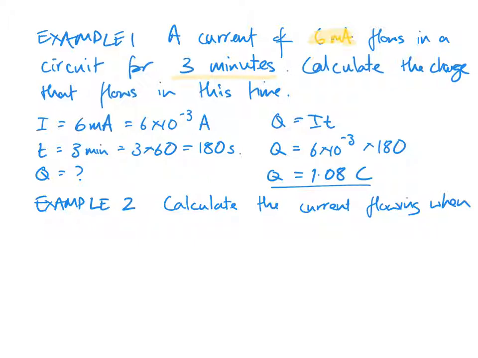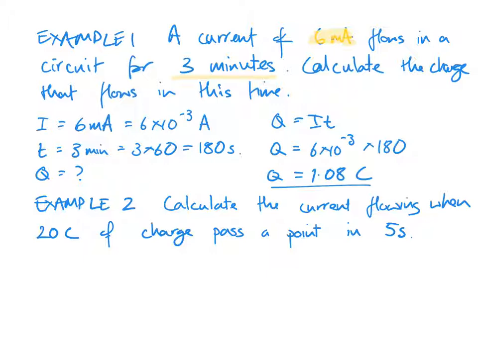So calculate the current flowing when 20 coulombs of charge pass a point in 5 seconds.